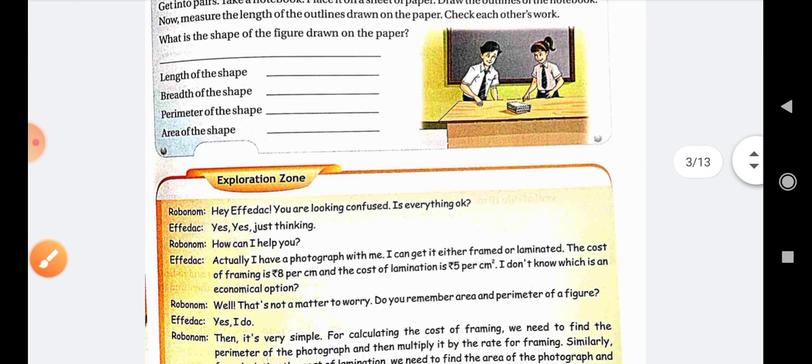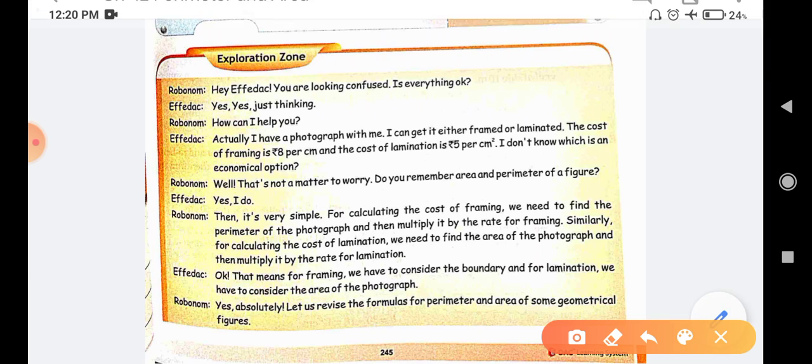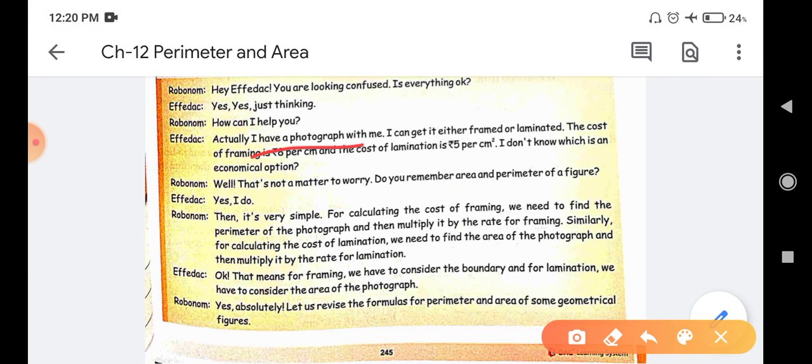And then here is a conversation between Robinum and Aphideck. Robinum is saying, hey Aphideck, you look confused, is everything okay? Then he says, yes, just thinking. How can I help you? Actually, I have a photograph with me, and I can get it either framed or laminated.